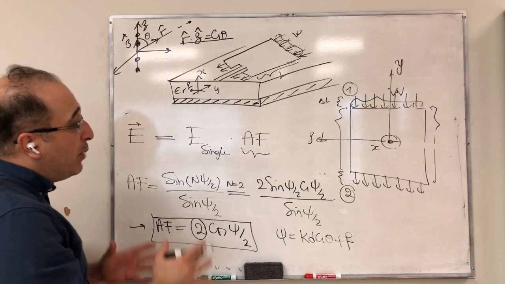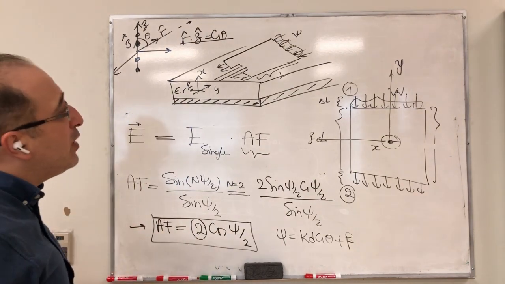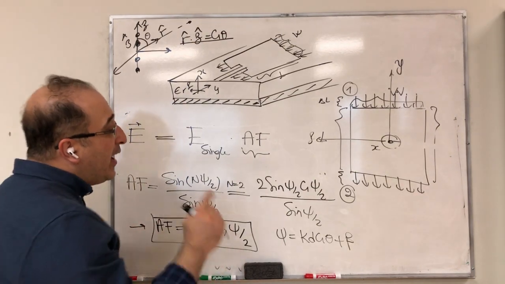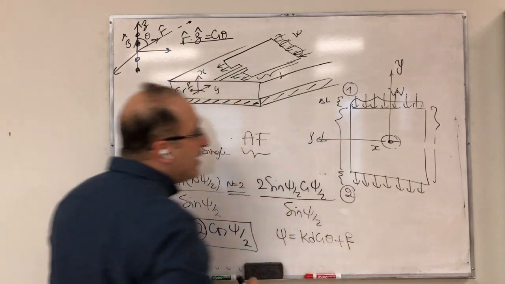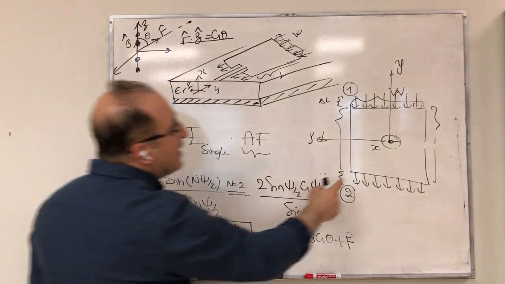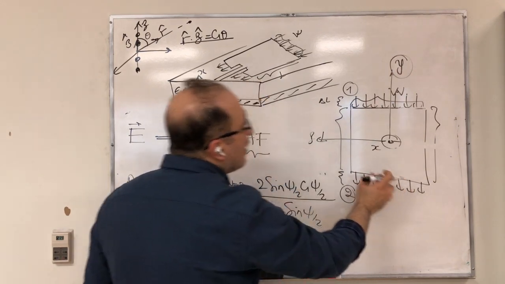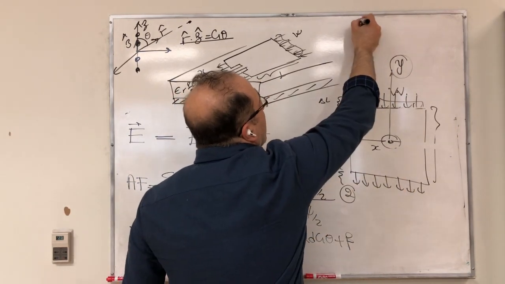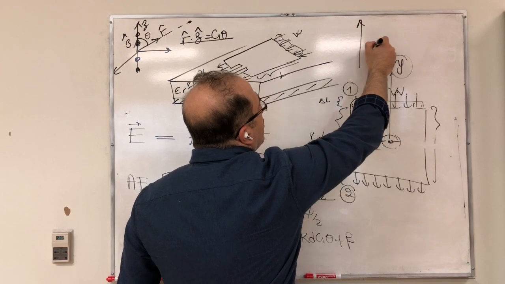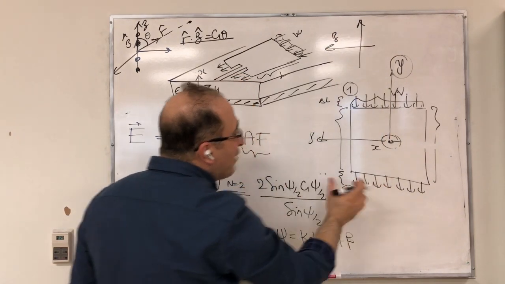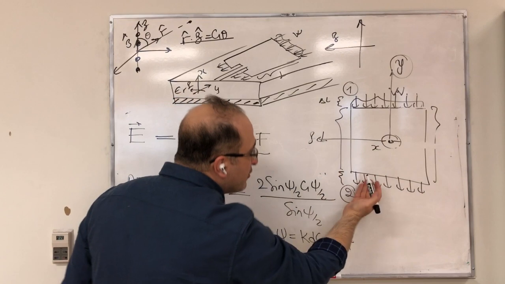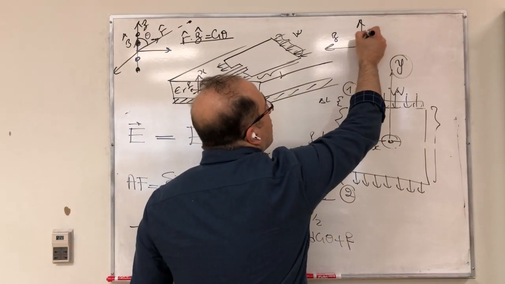Now, in this situation, based on the coordinates of the textbook, the elements of the array are not along z, they're in fact along y. Look at this y, you have one here, you have one here. If I plot that, and you remember that the array factor has nothing to do with the type of the element, so I can just put a point here.